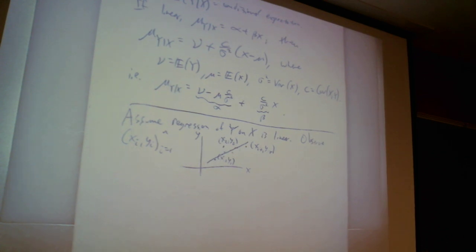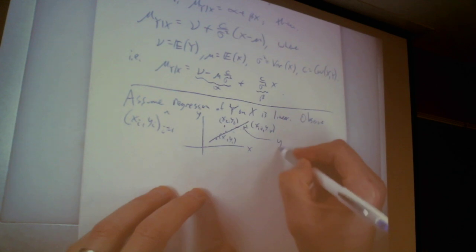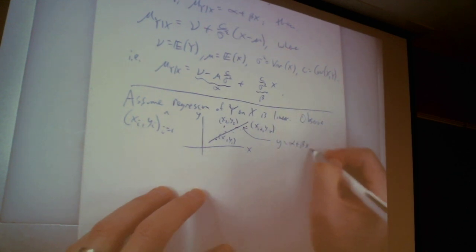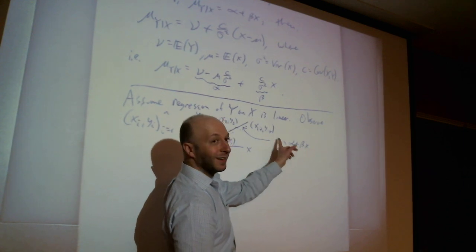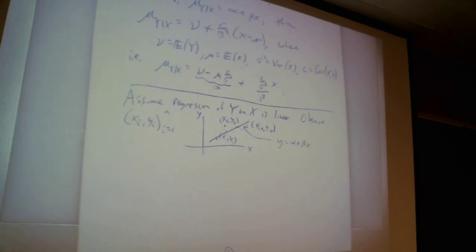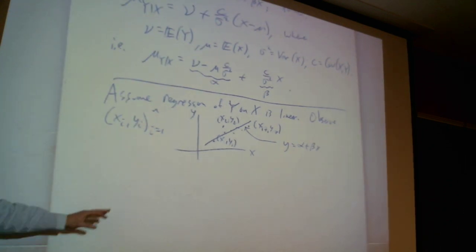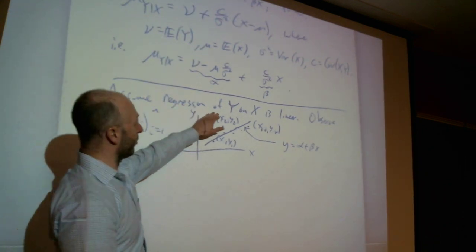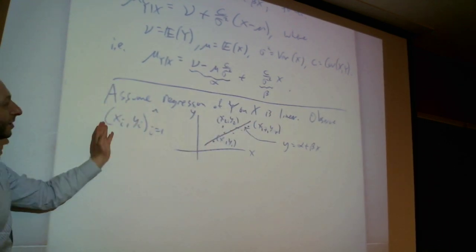And so the question is, how should you, so this line has some equation, y equals alpha plus beta x. Maybe you prefer mx plus b as the equation of a line. Same thing, I just changed the letters. Can you see, is that big enough? So let's say we assume the regression of y and x is indeed linear. We're going to try to fit a line through a whole bunch of points.